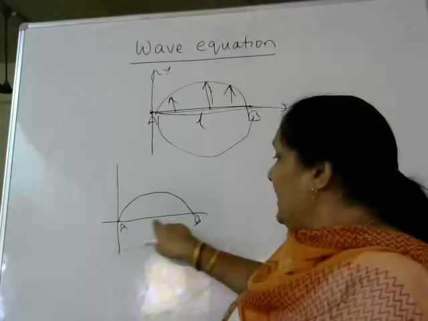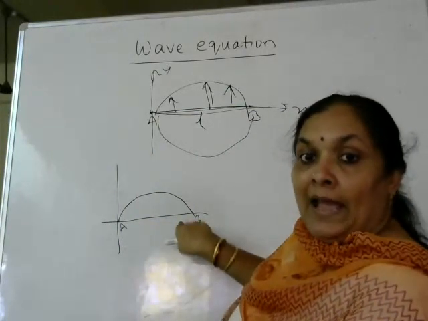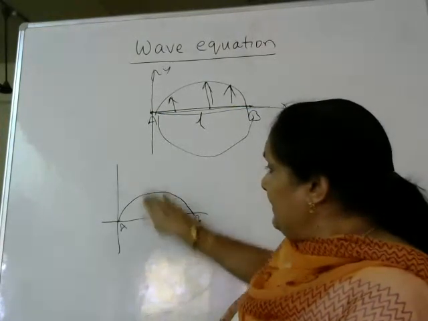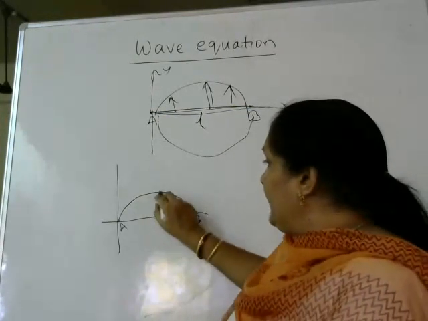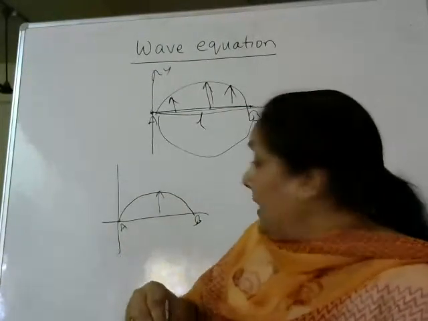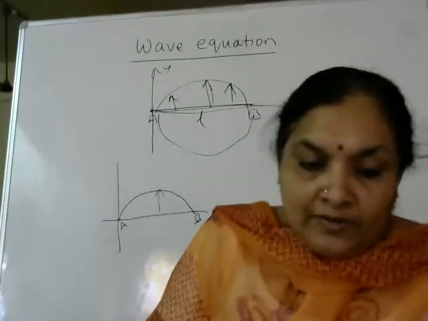The length of the string is taken on the x-axis, and the displacement on vibrating is taken on the y-axis. That is the physical construction we are taking for the vibration of a string.